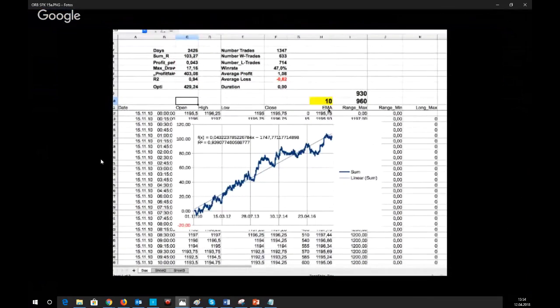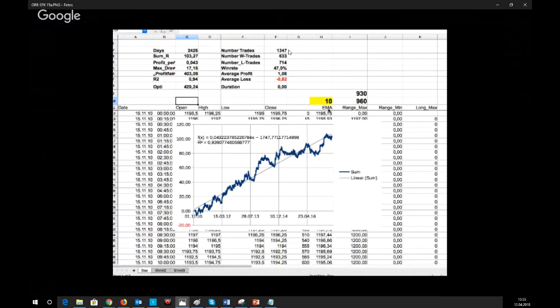So what does it show? It shows the results of a backtest of this approach I presented to you on the slide before with those input parameters. Here you can also see the exponential moving average 10. It shows the parameters back to November 2010. And it perfectly illustrates that we had a number of 1,347 trades here.